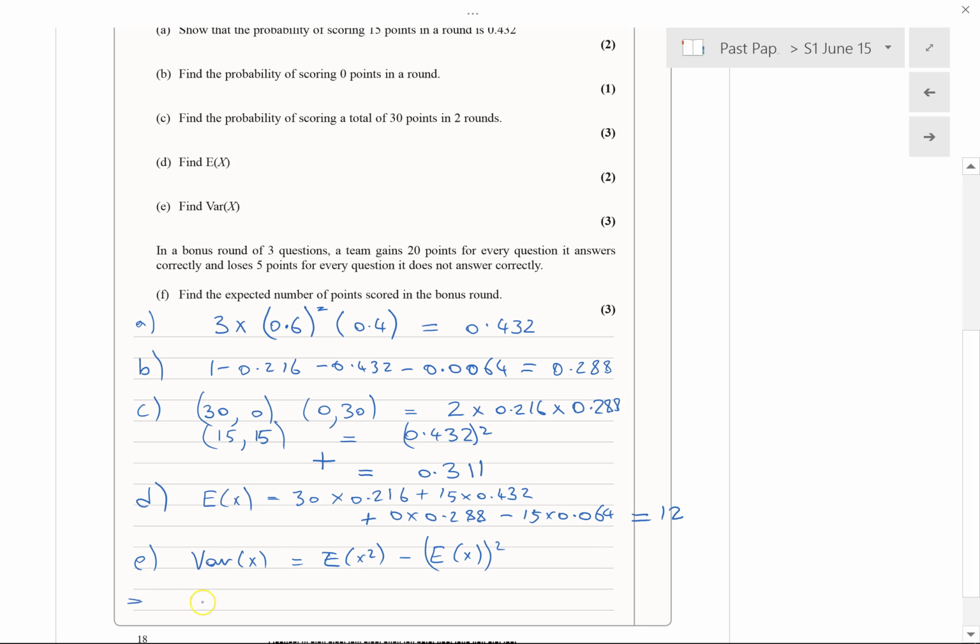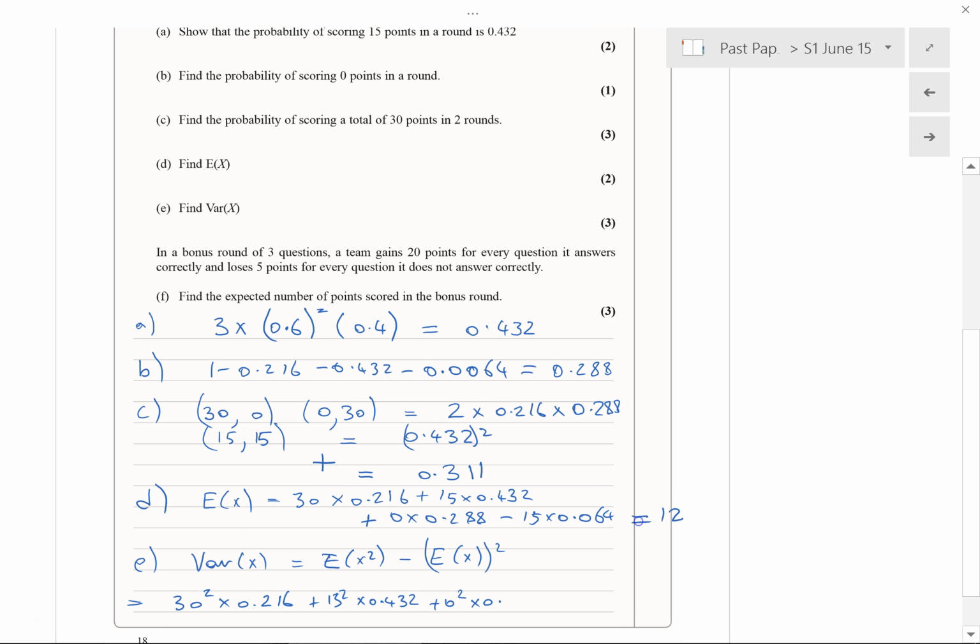So that equals 30 squared times 0.216 plus 15 squared times 0.432 plus 0 squared times 0.288 plus 15 squared, because minus 15 squared comes to positive, times 0.064, minus 12 squared.